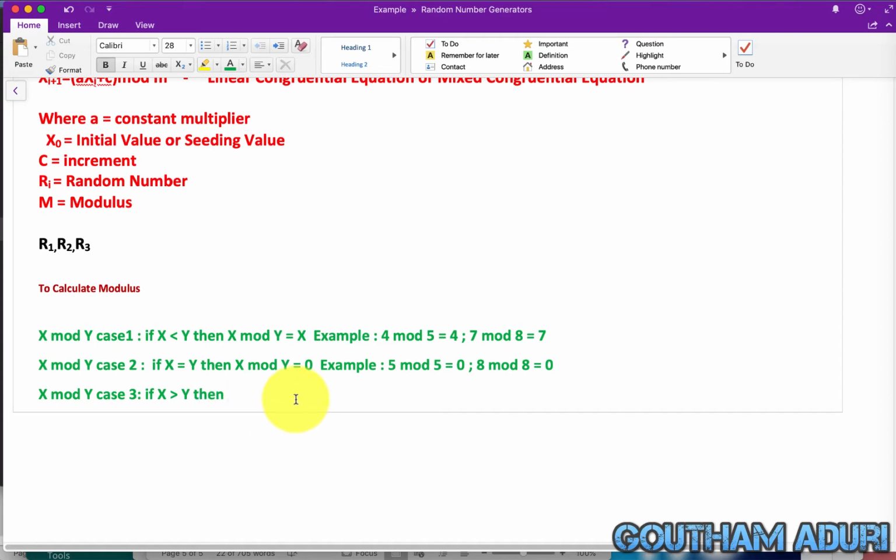Suppose I say 15 mod 5. What I have to do is divide 15 by 5.